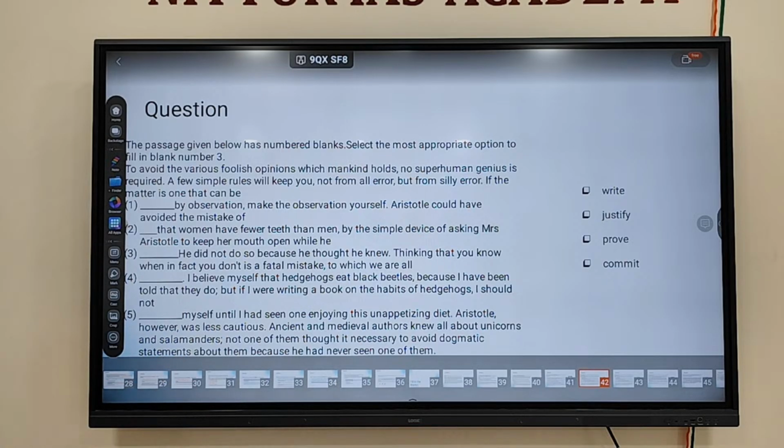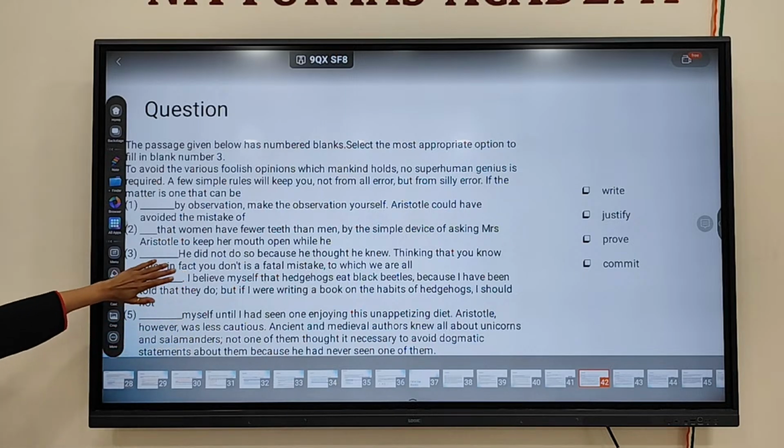Aristotle could have avoided the mistake of thinking that women have fewer teeth than men by the simple device of asking Mrs. Aristotle to keep her mouth open while he counted. He did not do so because he thought he knew. Thinking that you know when in fact you don't is a fatal mistake to which we are all prone.